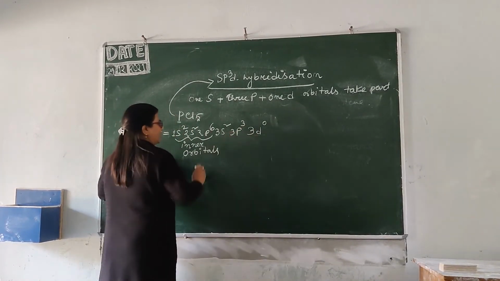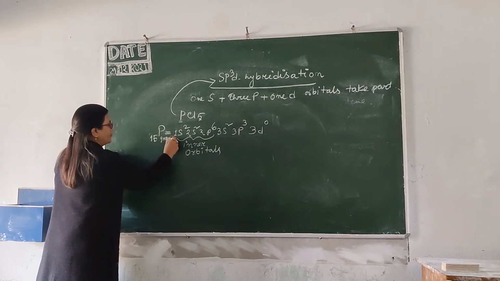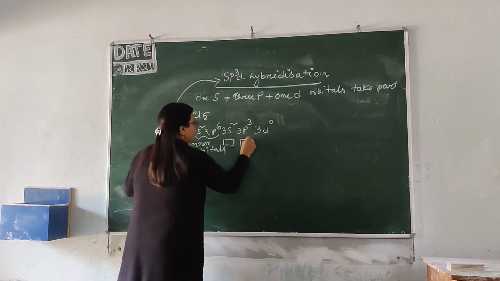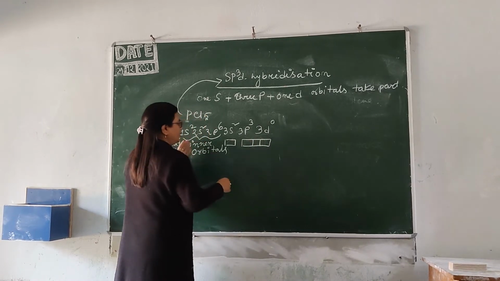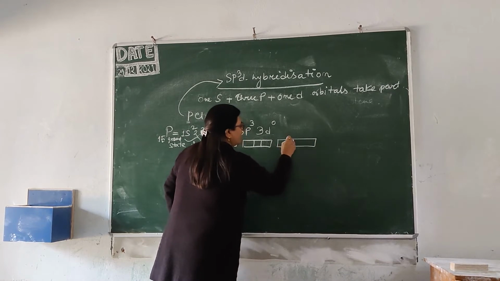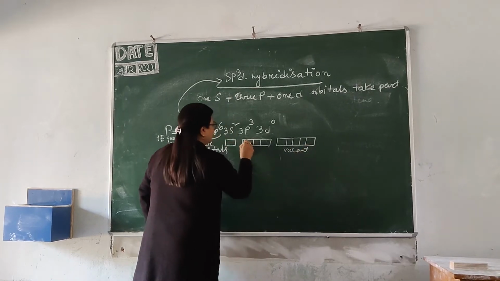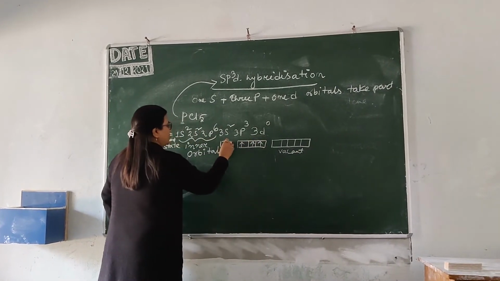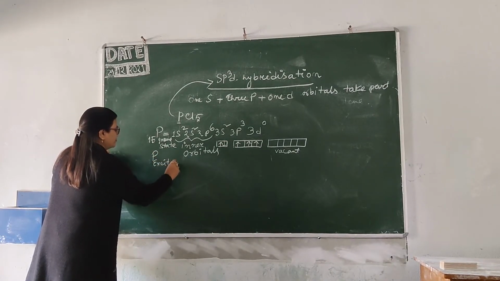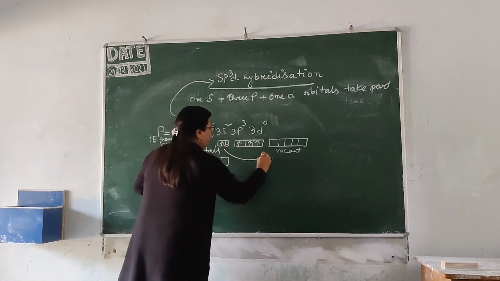That means this is vacant. That means this is in ground state. The orbitals can be designated by boxes, and these 3d orbitals are vacant. In the ground state, it has 3 and this is 2. In the excited state, the electrons will move from this to this.